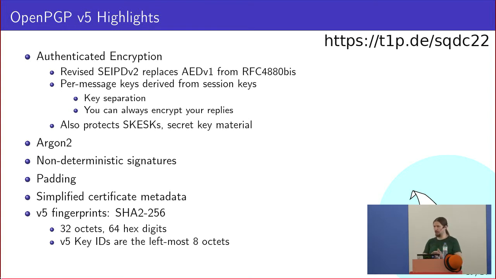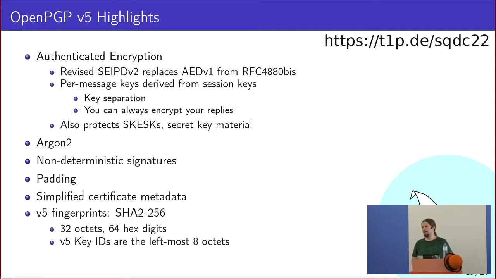So, what's coming? I think the highlight is authenticated encryption is coming. And we did it a little bit differently from the RFC 4880 bis attempt, where we derive per-message keys from session keys. There are two main benefits to that.